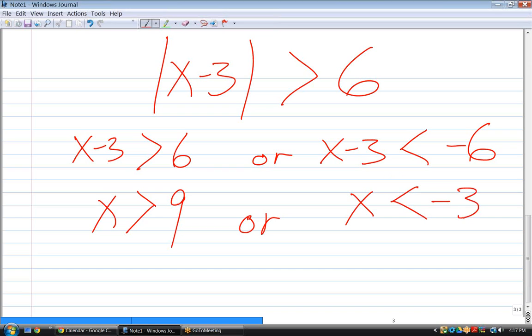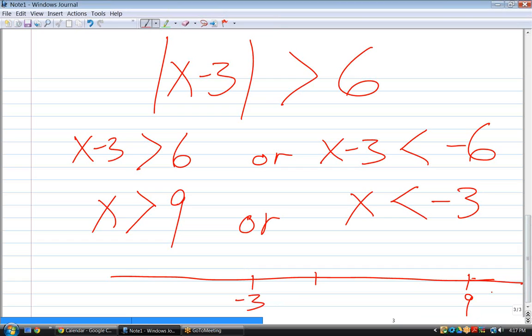Good. So if I graph this on a number line, which is the only place that it makes sense to graph because I don't have a y value, I have strictly x values. Okay, well, it's x is greater than 9. There's 9. Here's -3.